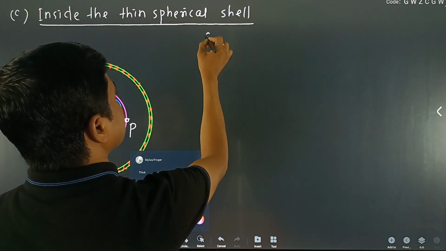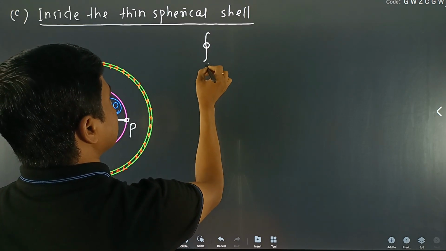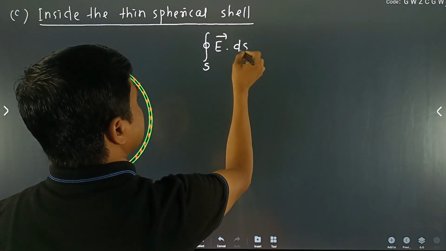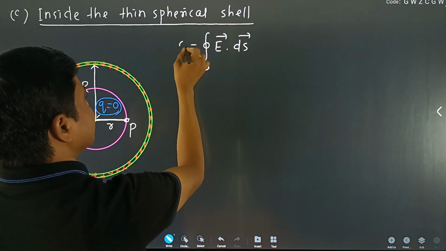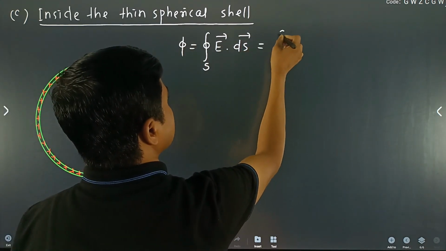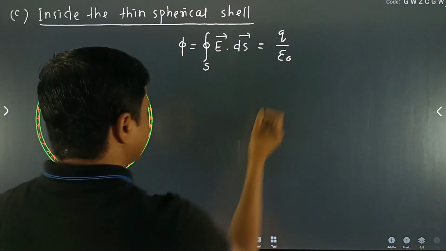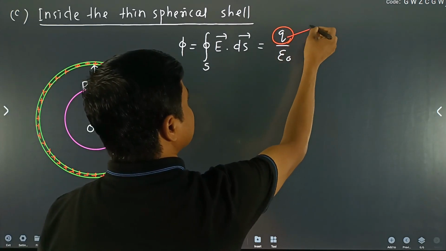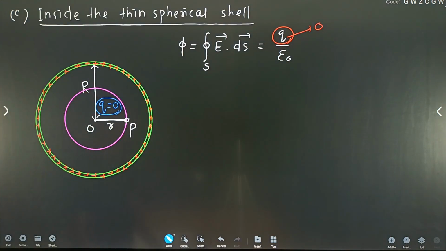Gauss law is integration over a closed surface vector E dot dS vector, this is the electric flux, is equal to Q divided by epsilon 0, and in this case net charge inside the Gaussian surface is 0.